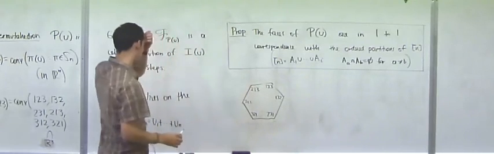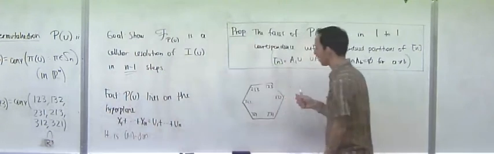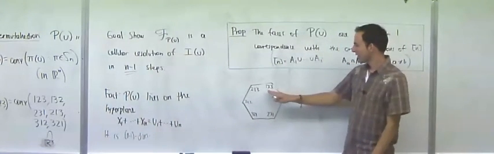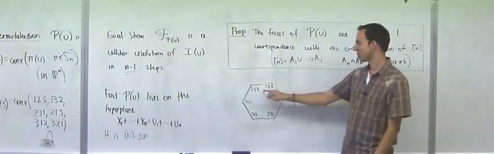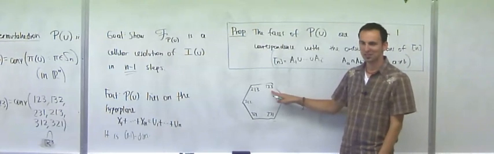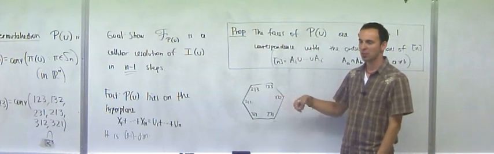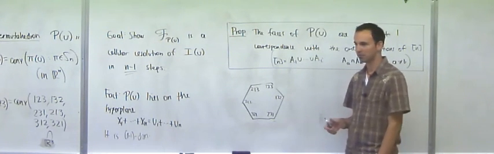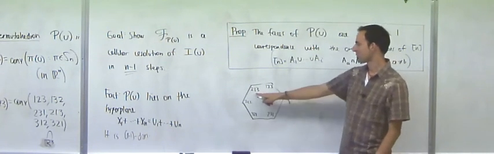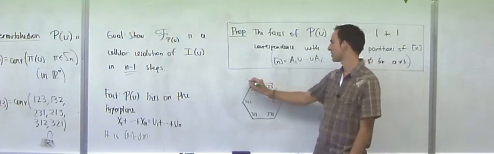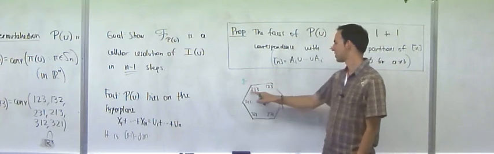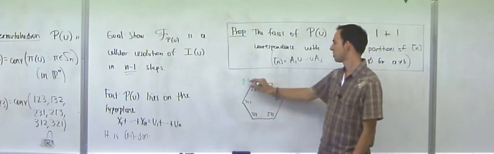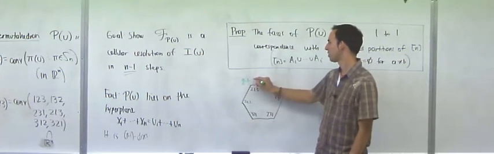Okay, so I think this is what I should do. Instead of just reading the permutation, I'm going to say, where is the number 1? Then where is the number 2? Then where is the number 3? So where is the number 1? It's in the second position. Where's the number 2? In the first position. Where's the number 3? In the third position.